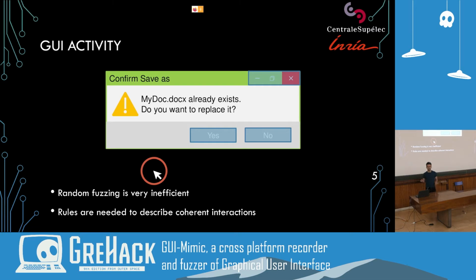The problem is that if we want to generate completely random events with the mouse and keyboard, this is very ineffective, as we could click, for example, on dead parts of the screen and lose focus on the software we want to test. So instead, what we need to do is to learn some rules for the software we're currently fuzzing, telling us what are the active parts of the interface.